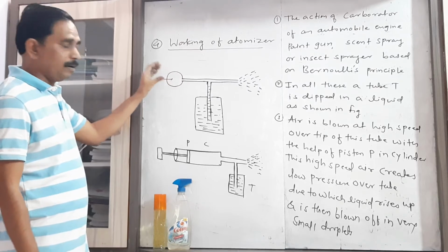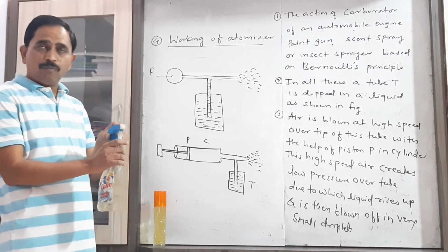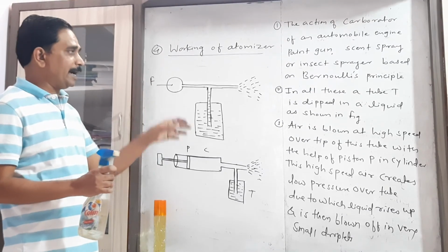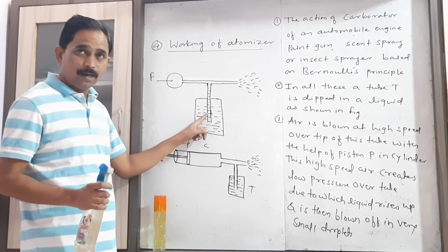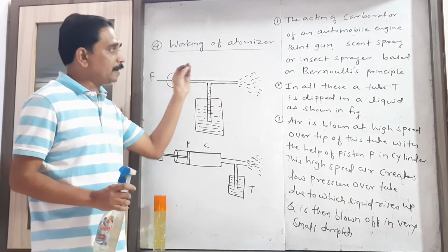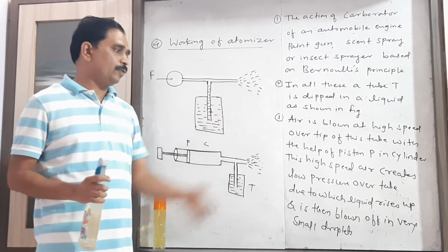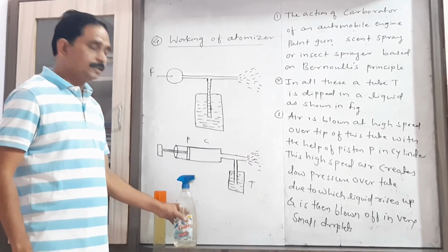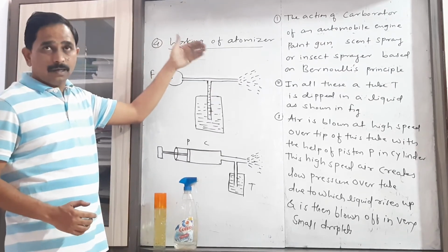When any part of that atomizer gets pressed by applying certain force, the air blows with a high pressure that creates the low pressure in a tube which is filled in that liquid. That liquid rises up and then moves fast with the air and gets blown off in the form of small droplets. So this is how we discuss all the applications of Bernoulli's equation.